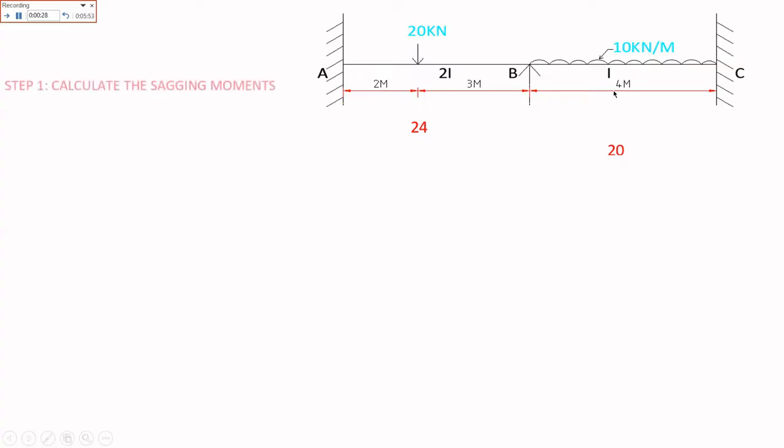So let's go straight to step number 1, calculate the sagging moment. So we'll start with span AB.